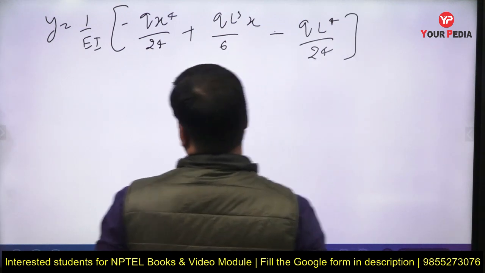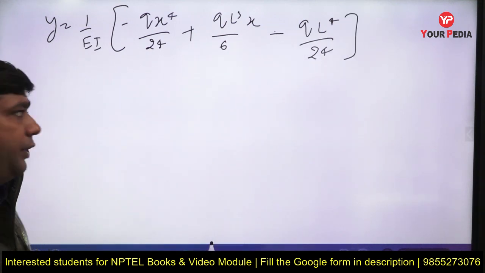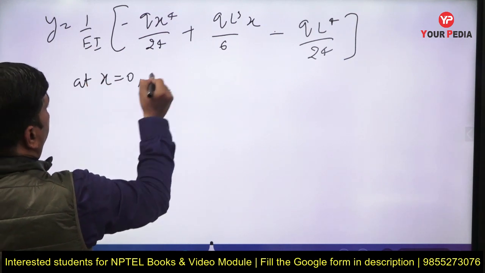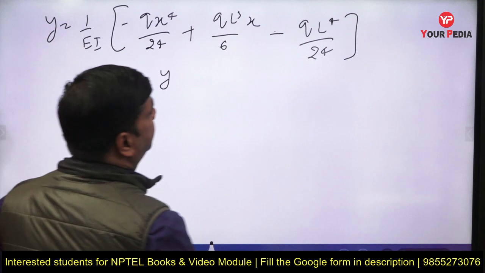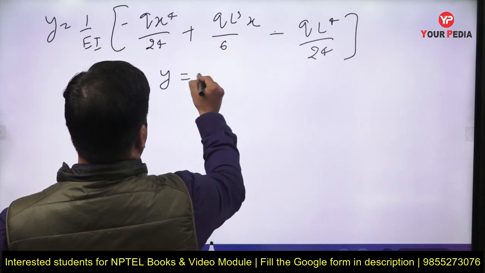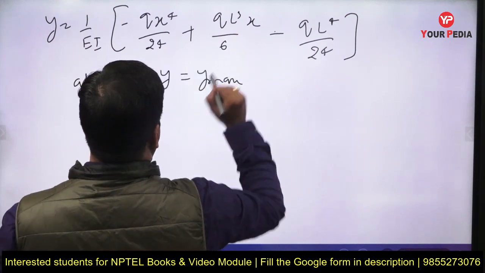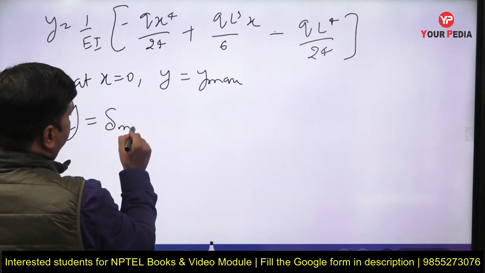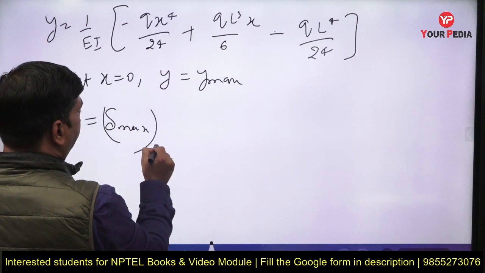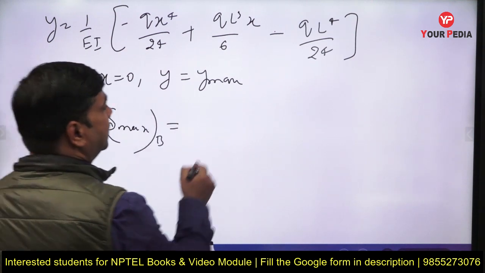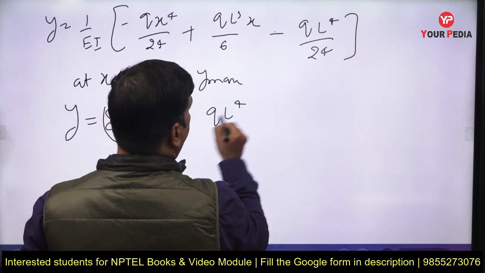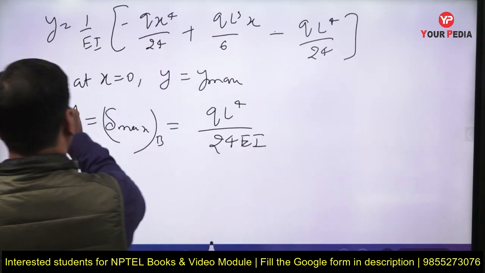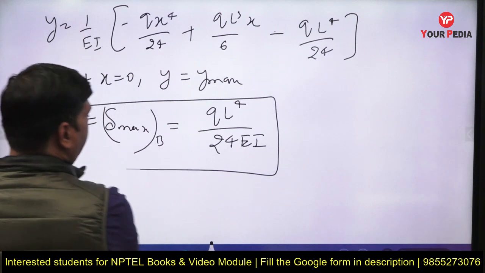Now for finding the maximum deflection at the free end, what will we do? At x equals 0, y equals y max. So from here you get y or delta max at B equals q L to the power 4 upon 24 EI. So this is the deflection at point B.